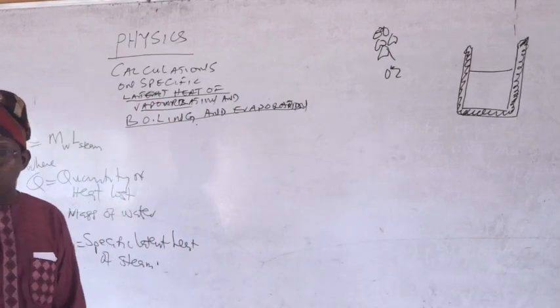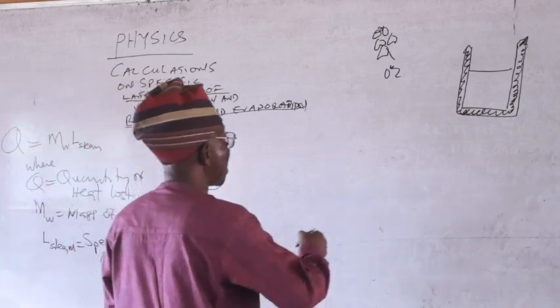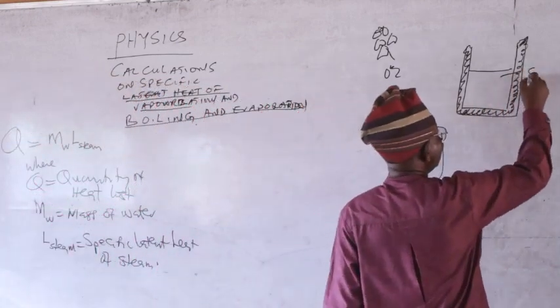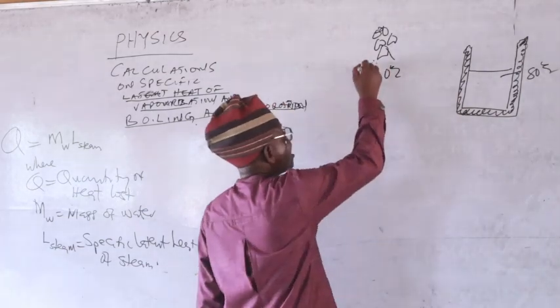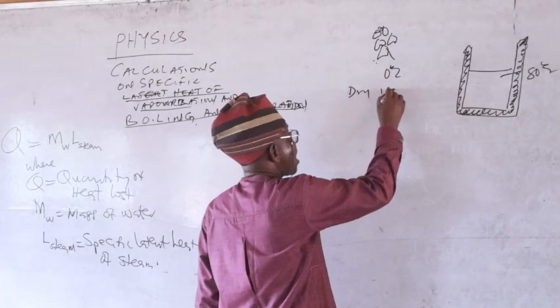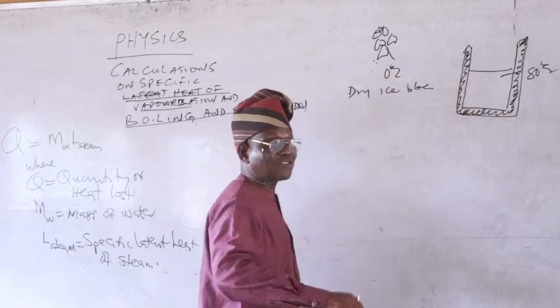What do you need to know? You will need to know the temperature of the water in the calorimeter. Give me a temperature, that certain temperature of the water in the calorimeter. Just mention anything. What do you say? 80. Now, if you say the water here is 80 degrees Celsius, then the ice block, this should be dry ice block, piece by piece you drop and start.